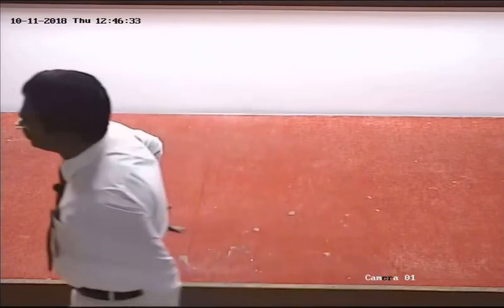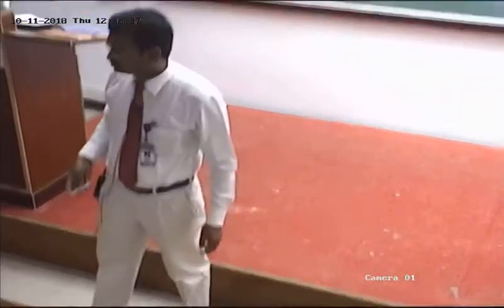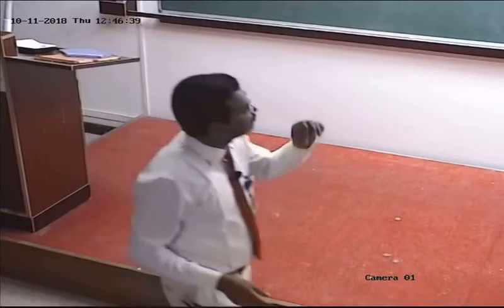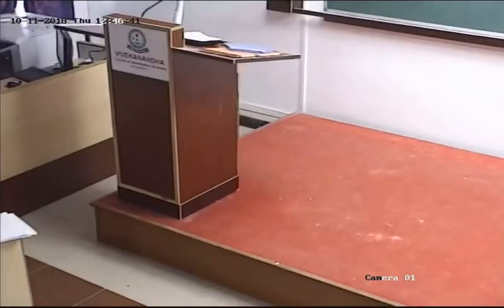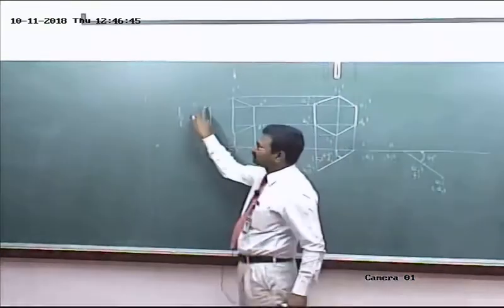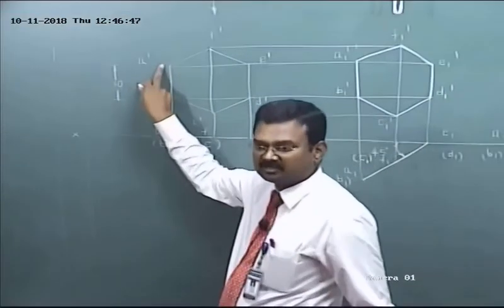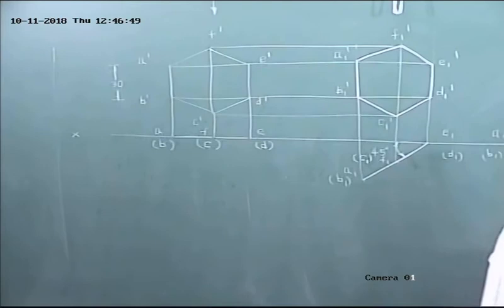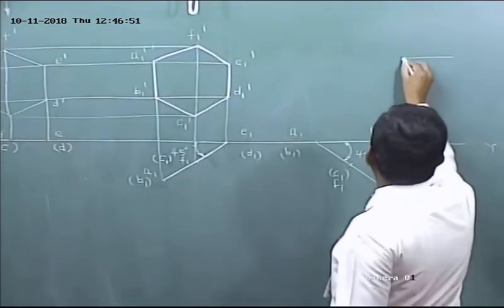Compare problem number 7 with 6. Did you understand the difference between these two problems? Then what about the first step, front view? It should be solved by you. In the previous case we constructed the hexagon in vertical direction. Here you have to construct the hexagon in horizontal direction.